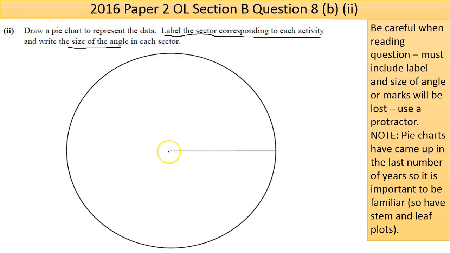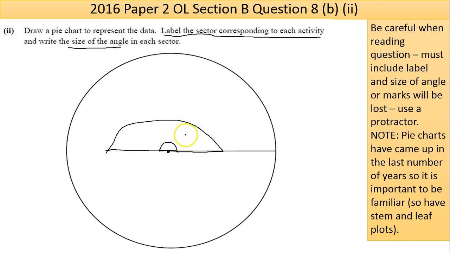Use your protractor. So bring a protractor to the exam and a compass. Make sure you know how the protractor works. So lay it down. I don't have an image here, but pie charts are assumed knowledge. You lay your protractor down here, on the guideline, and then you have the rest of it. Now, excuse the bad drawing.